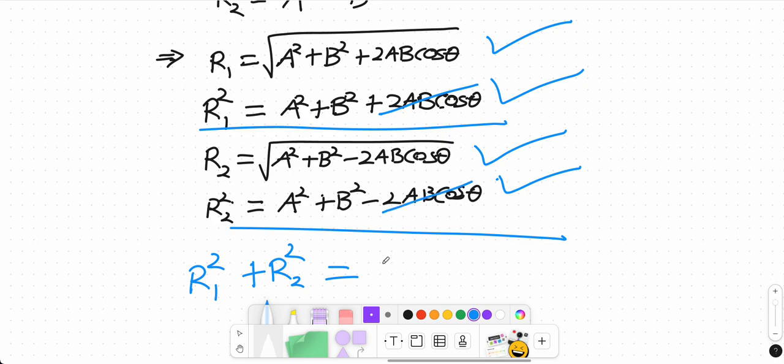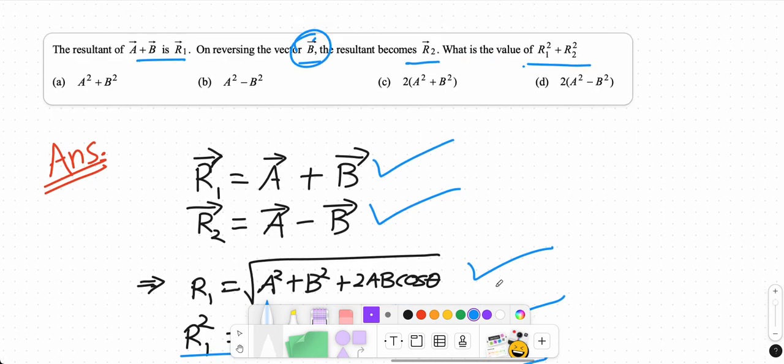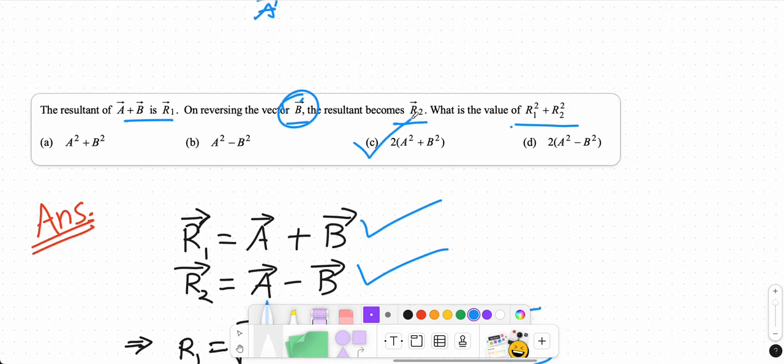The 2AB cos theta terms cancel. So simply you will get A square plus B square, again A square plus B square. That means 2 times A square plus B square is your answer. So R1 square plus R2 square is option C, 2 times A square plus B square.